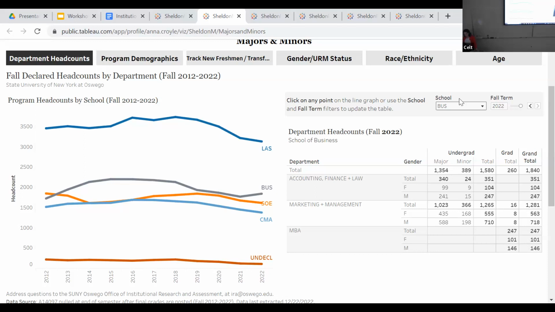SUNY recently decided to include a gender X, so that will be included in all the upcoming data for students, applicants, and I assume faculty. That third option will be there. It's not, of course, full gender identity, but it would help.